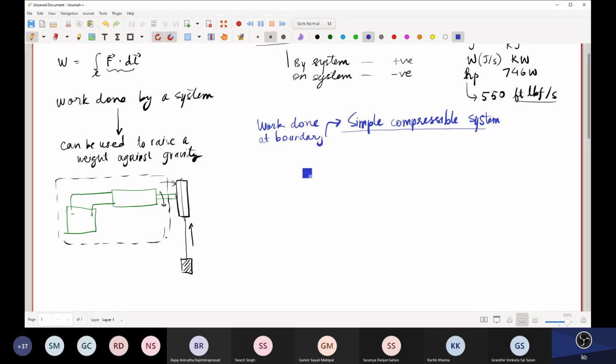Now, let's imagine the simplest system, something like this, and you have a cylinder and you have a piston and you load it with a certain amount of mass. So the system at this juncture, so this is the control mass, the red boundary will be the control mass.